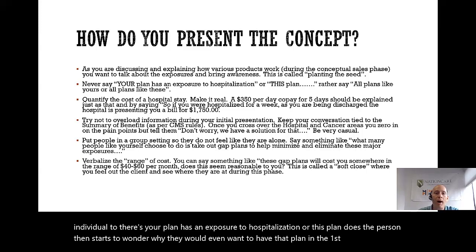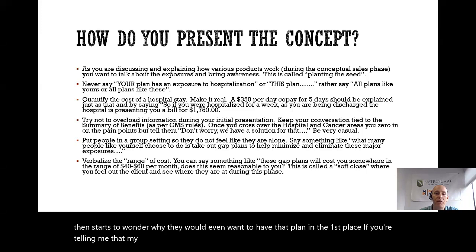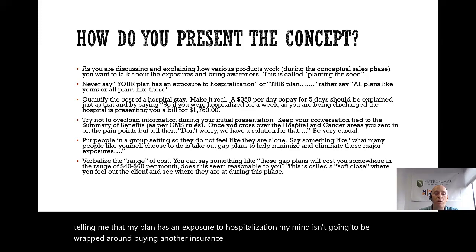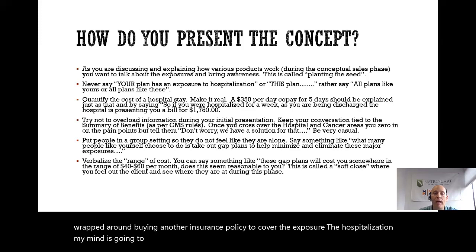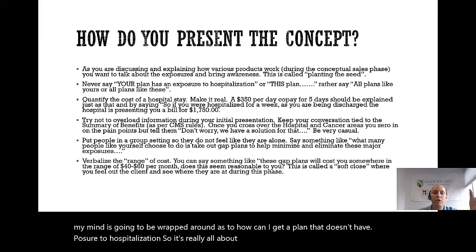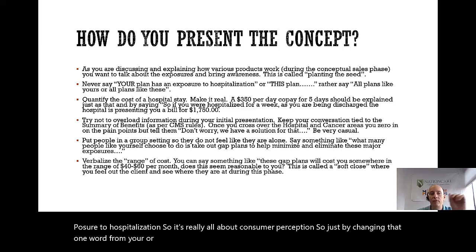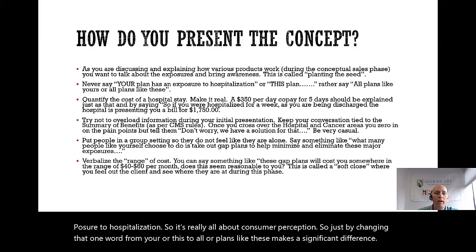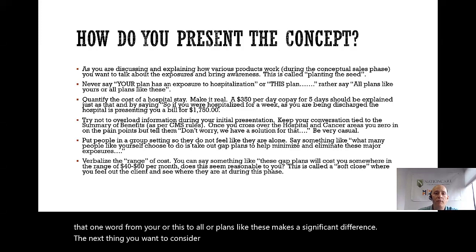If you're telling me that my plan has an exposure to hospitalization, my mind isn't going to be wrapped around buying another insurance policy to cover the exposure, the hospitalization. My mind is going to be wrapped around how can I get a plan that doesn't have an exposure to hospitalization. So it's really all about consumer perception. Just by changing that one word from your or this to all or plans like these makes a significant difference.